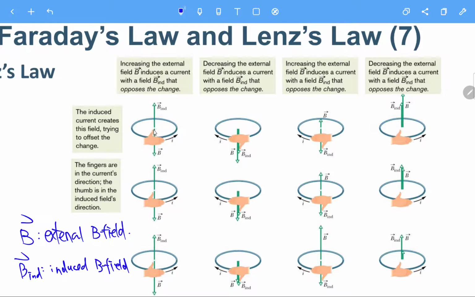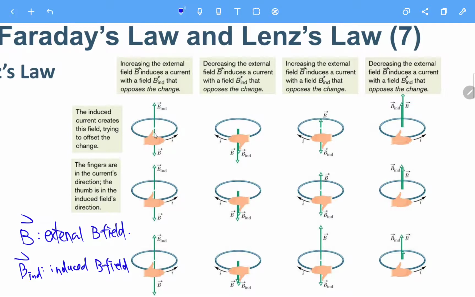Which means that if it is pointing downward and this B field increases, then this loop will generate another B field to counter this change. But of course, the magnitude isn't necessarily the same. The magnitude depends on Faraday's law, and only the direction is related to the change.